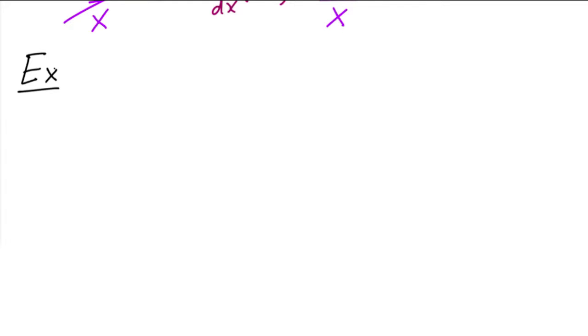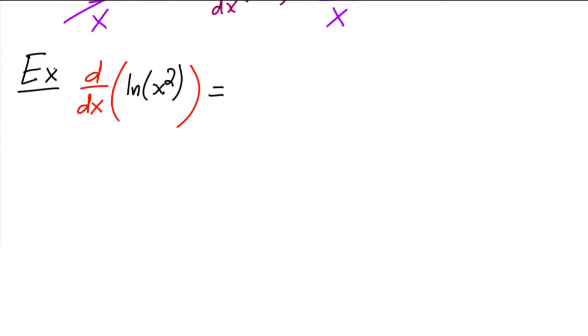So let's do a couple of examples. Let's start off with, let's say we want to find the derivative of natural log of, how about x squared? If I want to get the derivative of natural log of x squared, I'm going to have to use the chain rule.